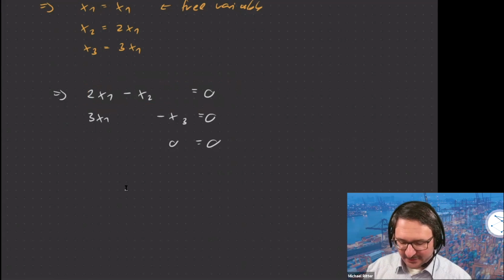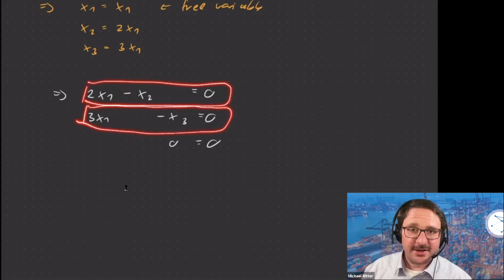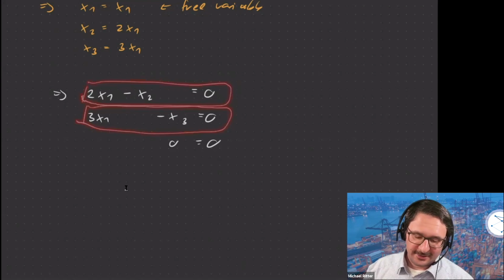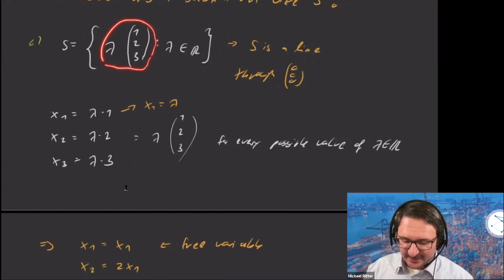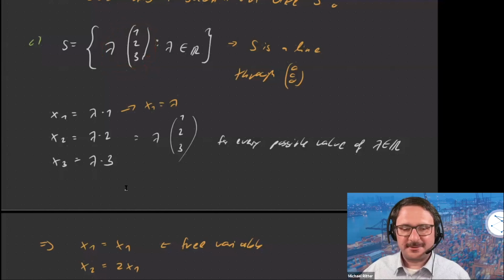What we have here is 2 planes, and the solution set of that system is the intersection of those 2 planes. Well, that's a line, and that's exactly the line that we started with, because it satisfies both of these equations. That's because we designed them to satisfy those 2 equations.